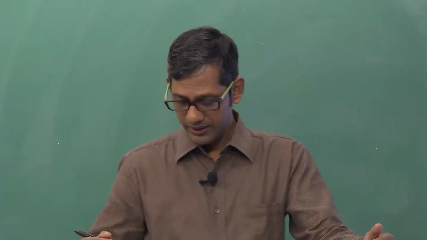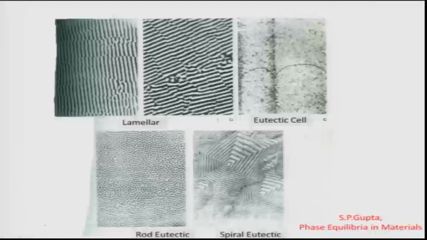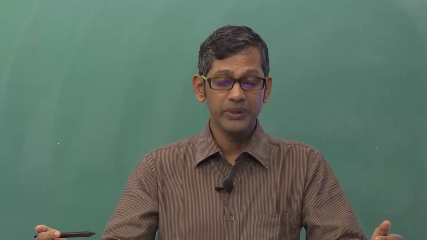These pictures are taken from a book called Phase Equilibrium in Materials by my colleague Professor S.P. Gupta at IIT Kanpur. The eutectic, because it is multi-phase, specifically in the binary eutectic a two-phase mixture, therefore different morphologies are possible. The most commonly observed morphology is the lamellar.